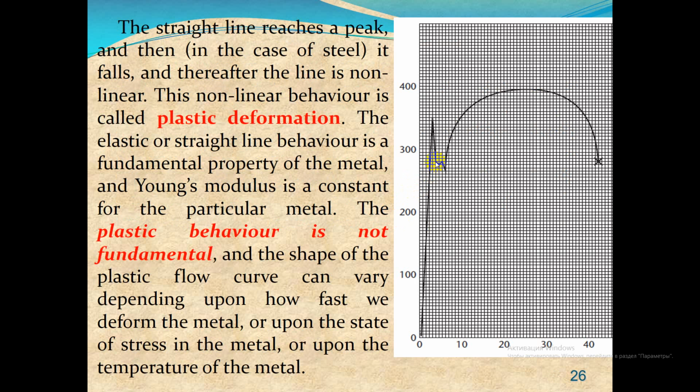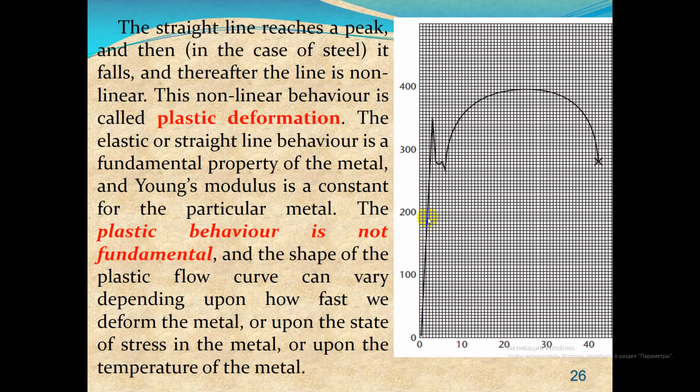The stress line reaches a peak and then, in the case of steel, it falls, and thereafter the line is non-linear. This nonlinear behavior is called plastic deformation. The elastic or straight line behavior is a fundamental property of the metal, and Young's modulus is a constant for the particular metal.